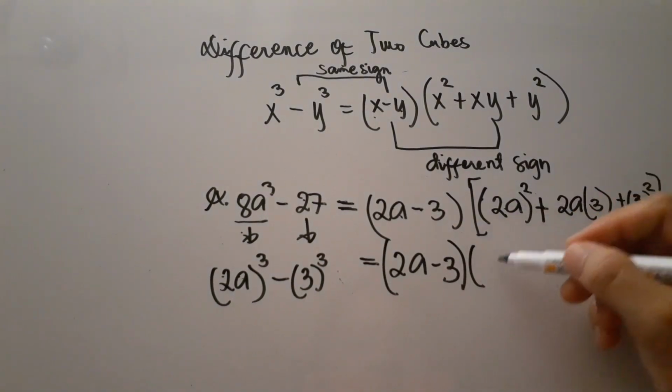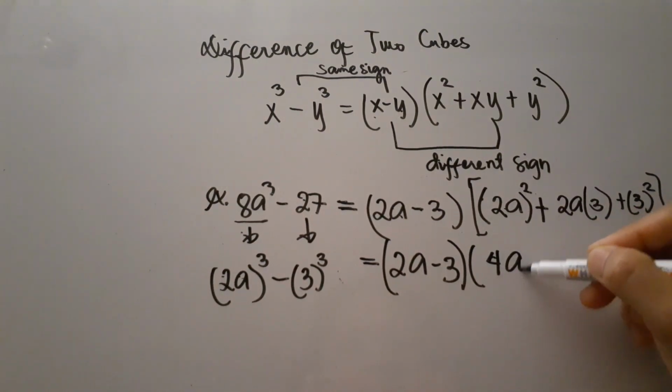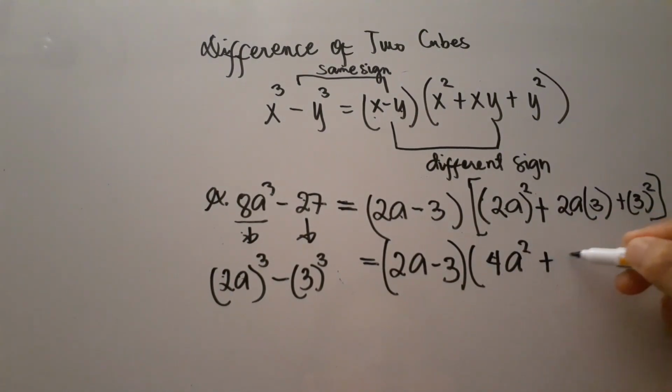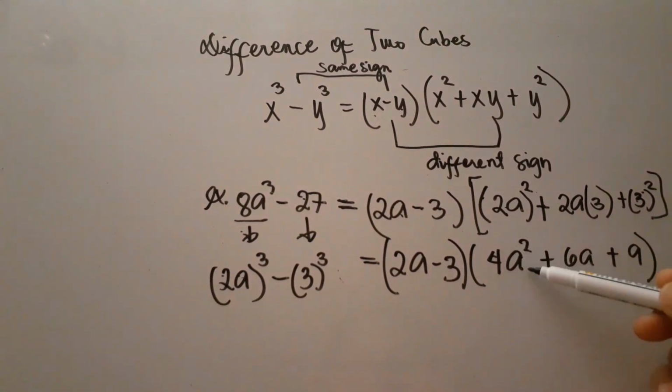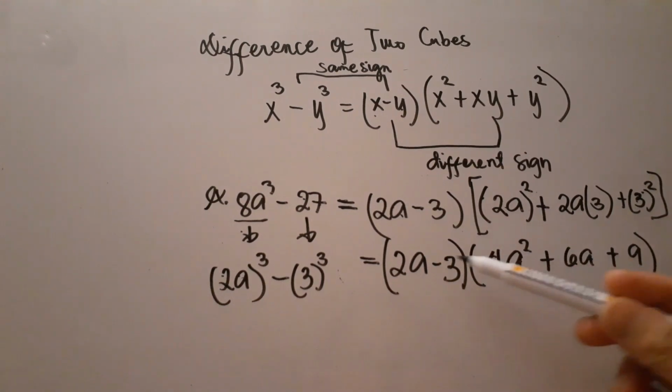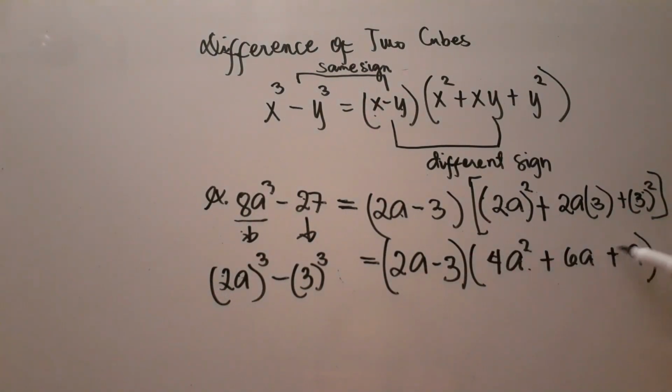Then copy 2a minus 3, then 2a raised to the power of 2. Remember the rules of exponents. We have 4a squared plus 6a plus 9, since 3 times 3 becomes 9. Therefore, our factors are 2a minus 3 and 4a squared plus 6a plus 9. So this is our factor.